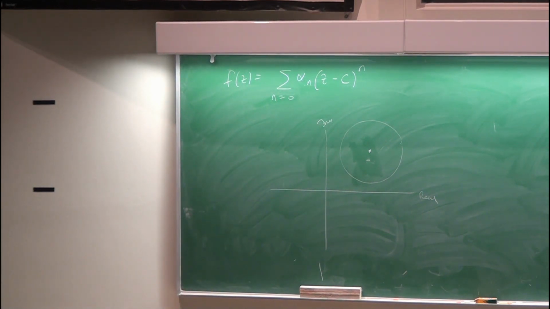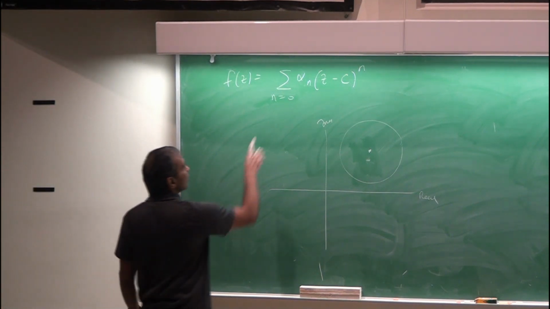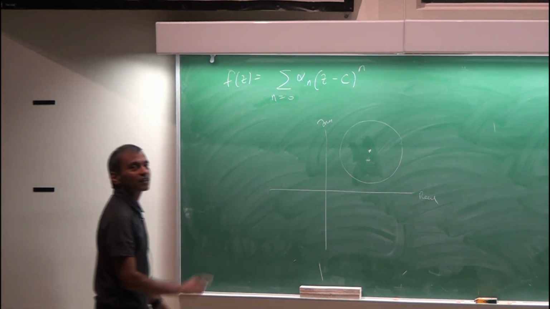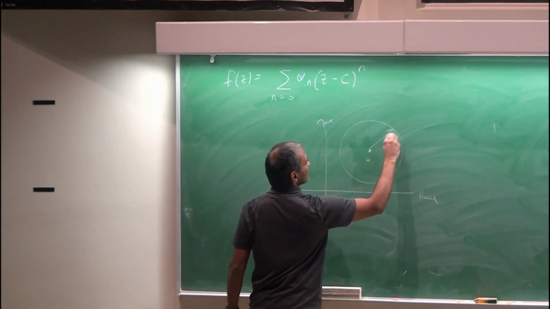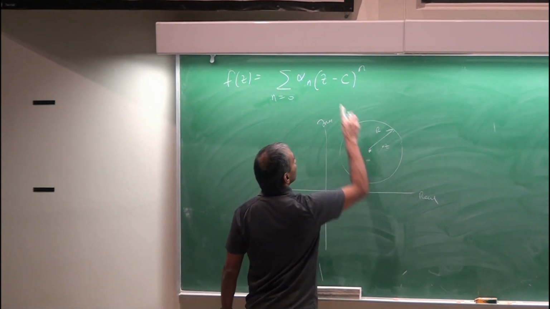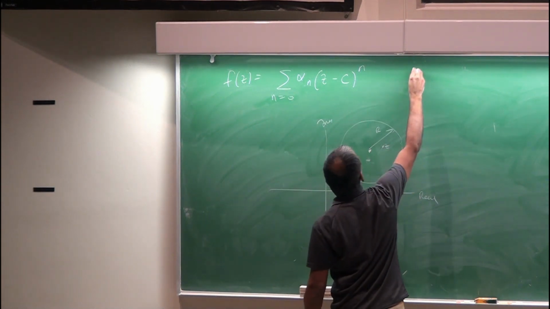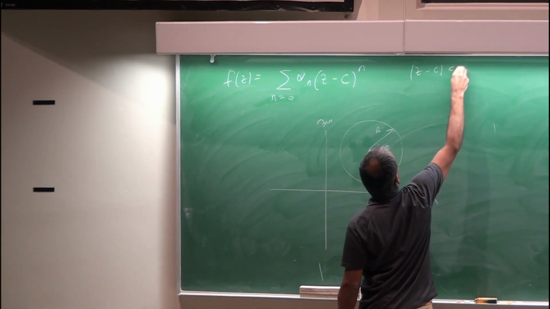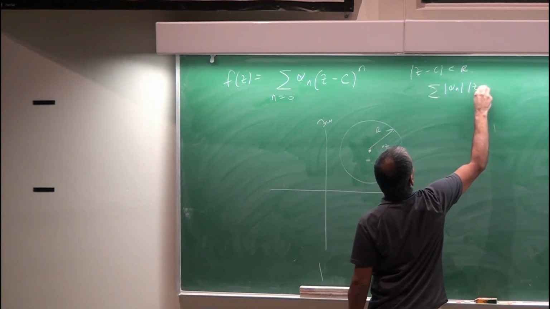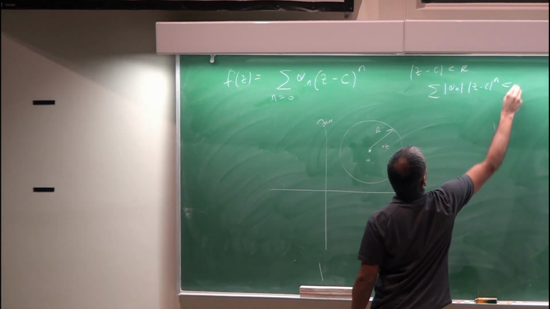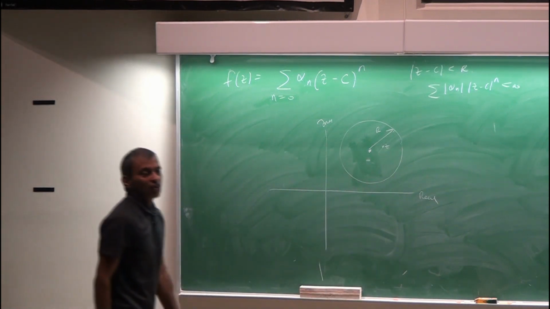We'll just look at the Taylor series expansion. If you do allow negative powers, you should call it a Laurent series instead. We're assuming there's some radius r, so as long as you pick a z inside it, this sum converges absolutely. As long as the absolute value of z minus c is less than r, the sum of the absolute values of alpha_n times (z minus c) to the power of n is finite.